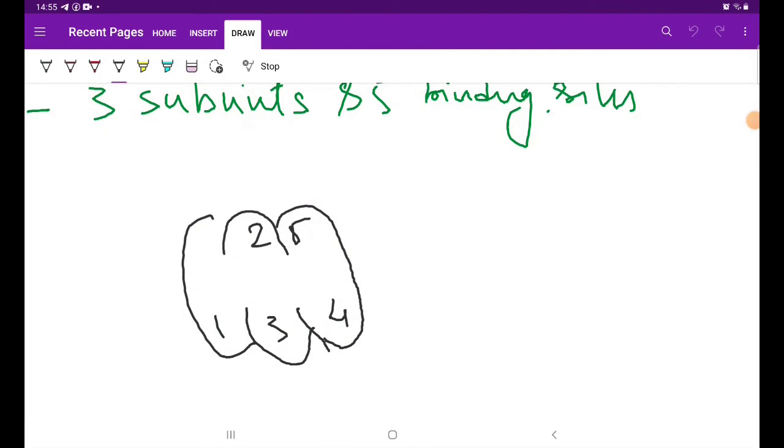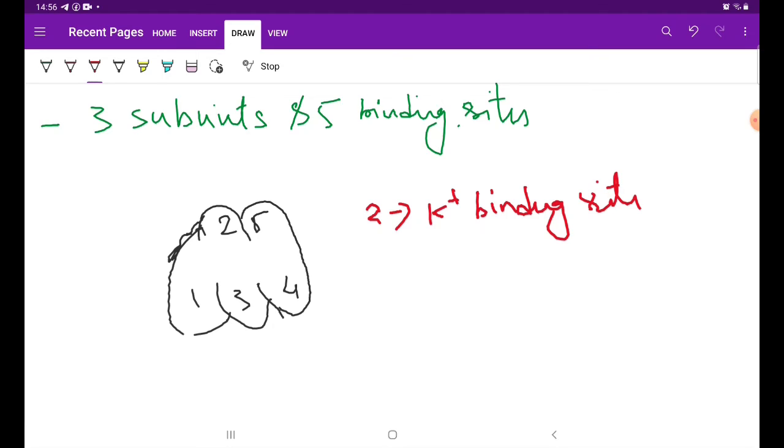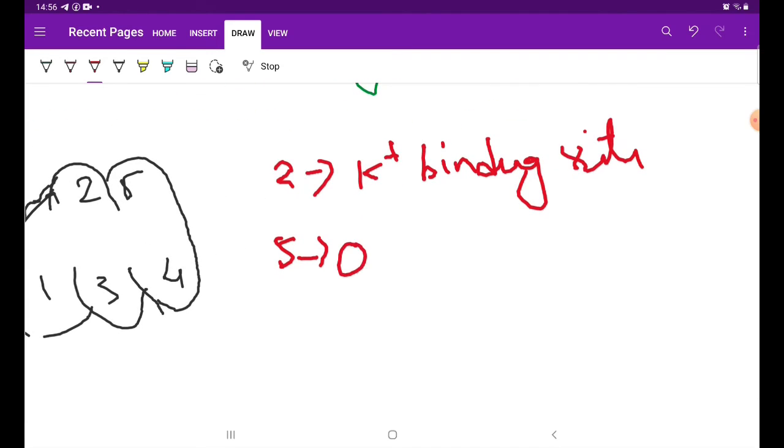So subunits, basically we drew it. Now two is the potassium binding site, and 5 is the phosphate binding site.